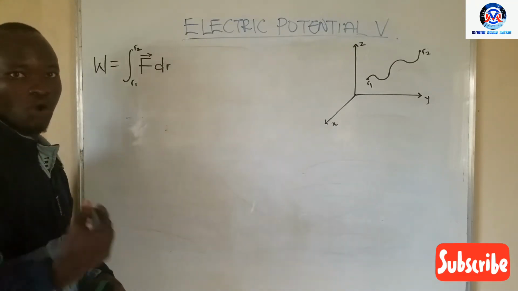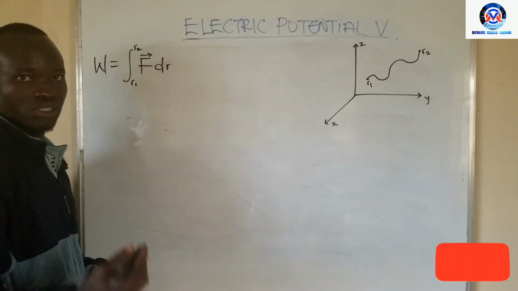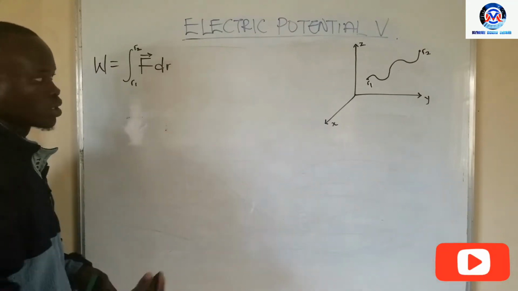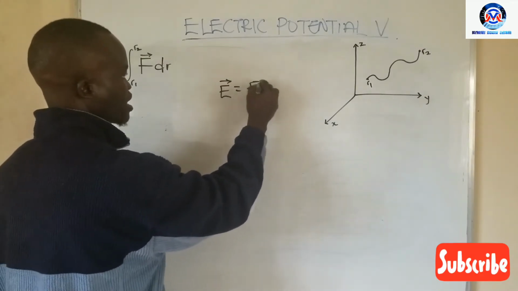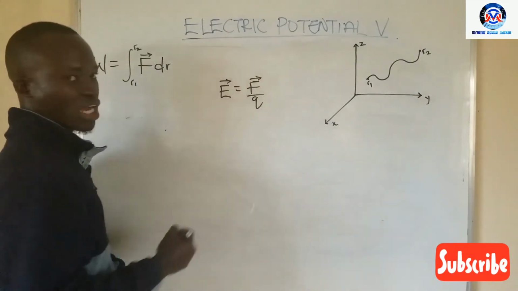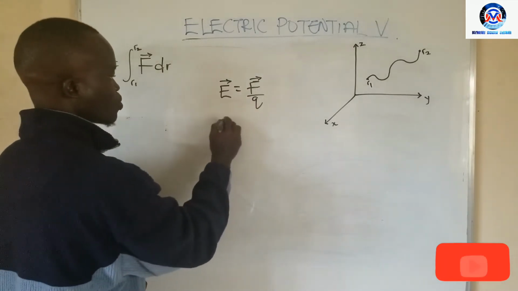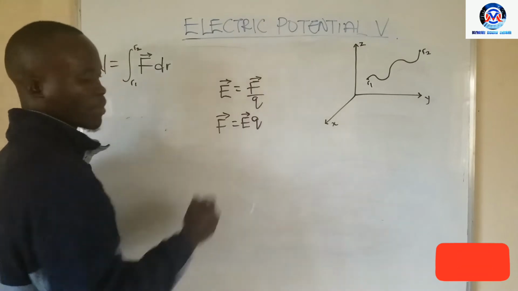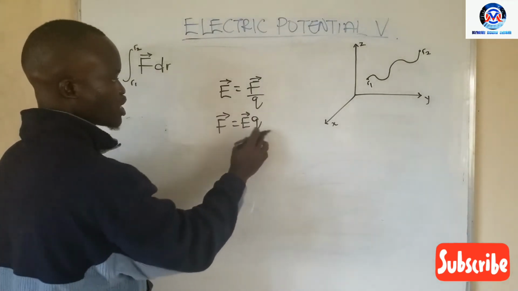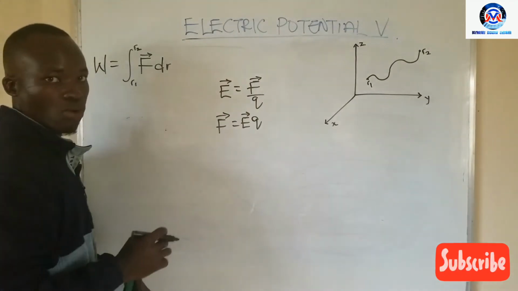And what is the force in an electric field? The force on the charge in an electric field. Remember that an electric field E is simply F, the force, per charge. So cross multiplying, we have that the force is electric field multiplied by Q. So we are going to replace EQ for the force in the above equation.